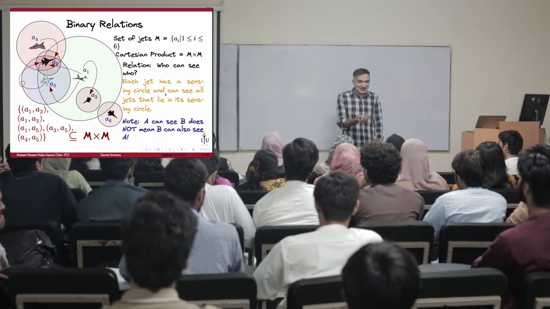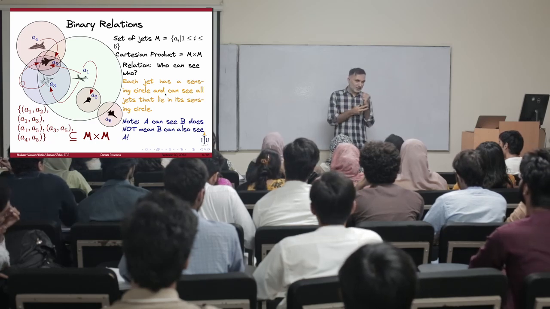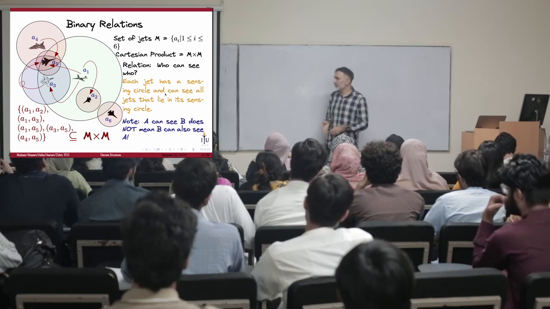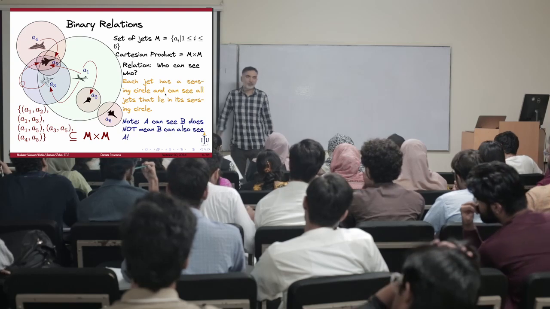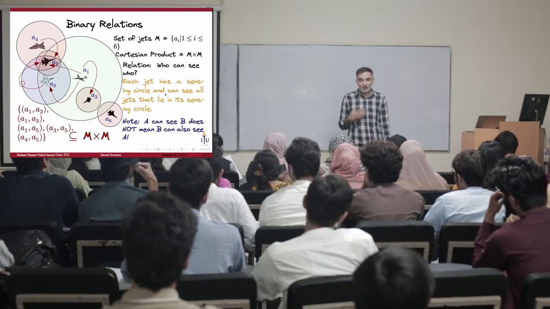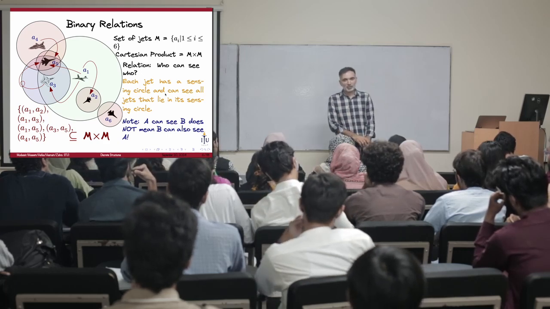It's 2 raised to the power 36. Awesome. Every subset of the Cartesian product would give you a different relation, which means you can construct 2 raised to the power 36 different relations. That's a huge number.